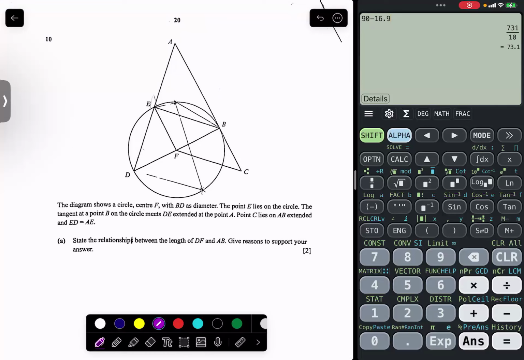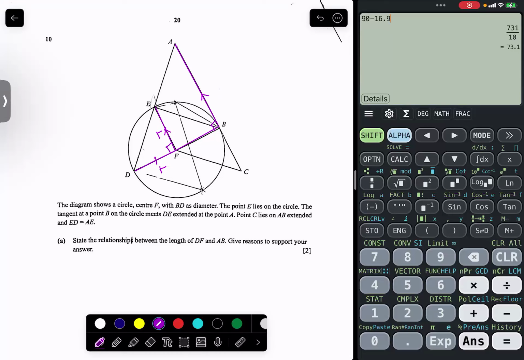Because DF is to AB. DF is a radius, EF is also a radius. Now this is a right angle, this is also a right angle. So these two angles are corresponding angles, which would mean that this is parallel.